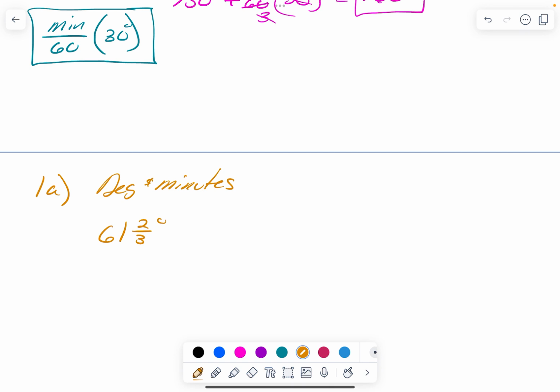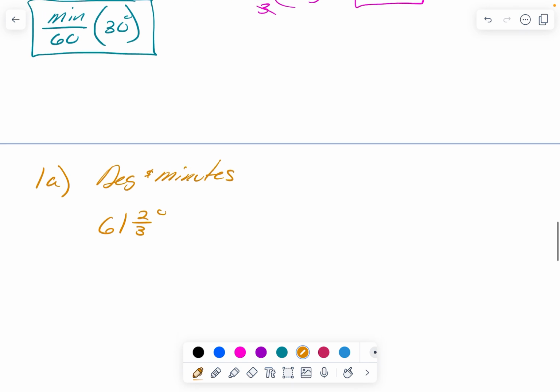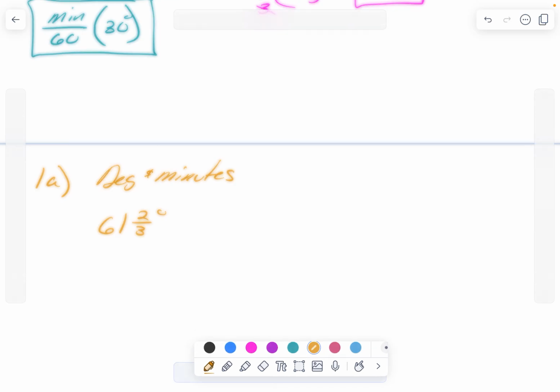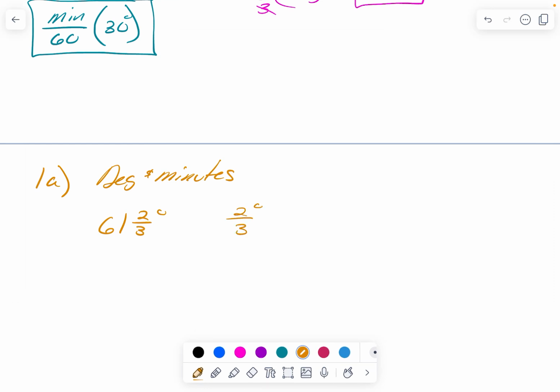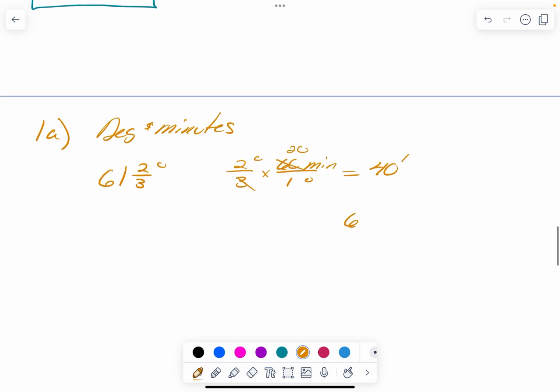Can you do that? If you're watching the video, pause it, see if you can do it on your own. We're going to do 2/3 of 60 minutes in 1 degree. We're going to simplify: 20, so 40 minutes. So this would be 61 degrees, 40 minutes.